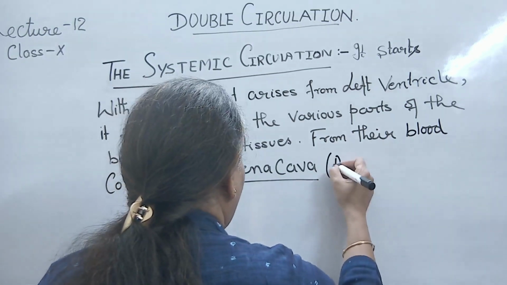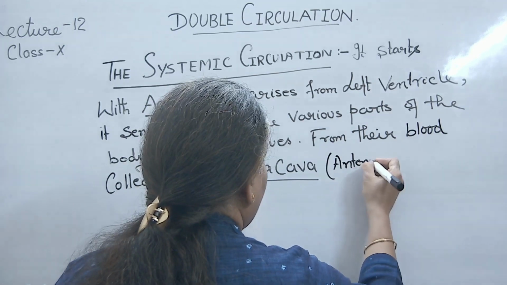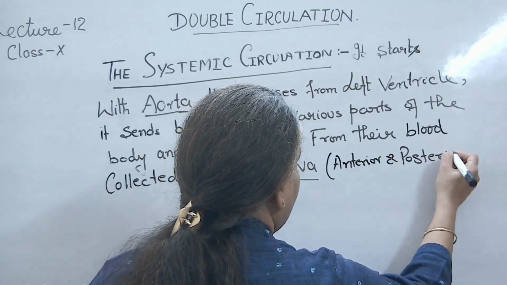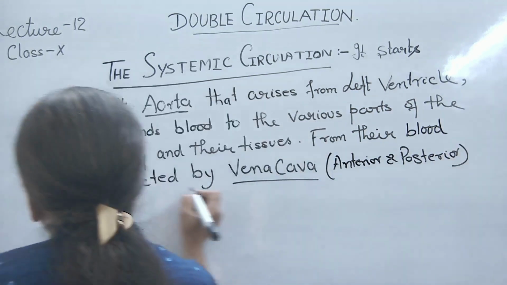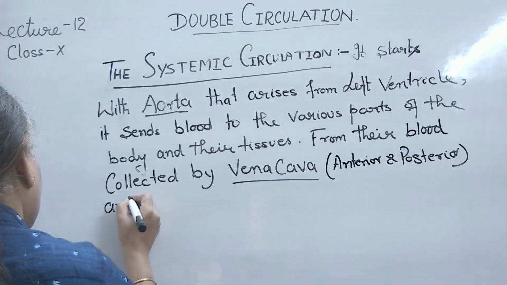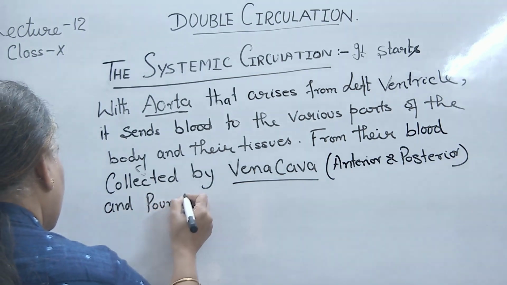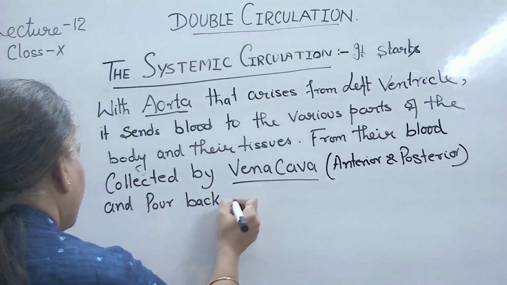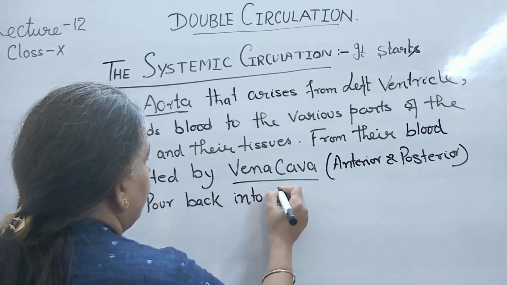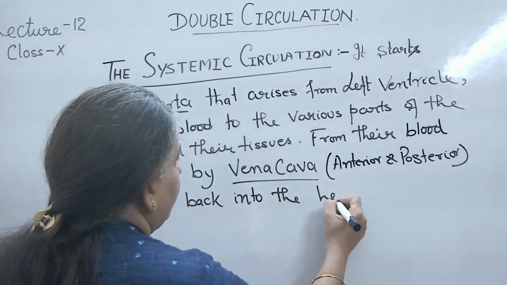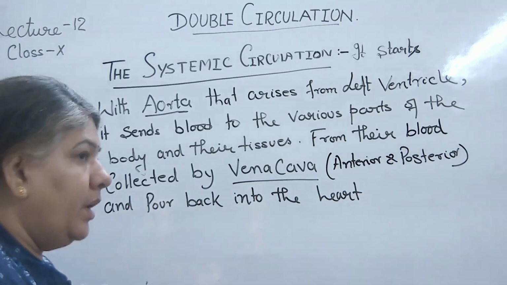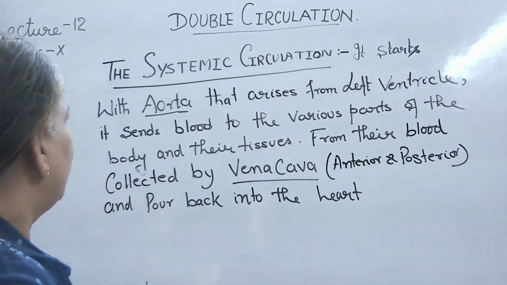You can write anterior and posterior. And pour back into the heart. So it will be poured into right atrium.